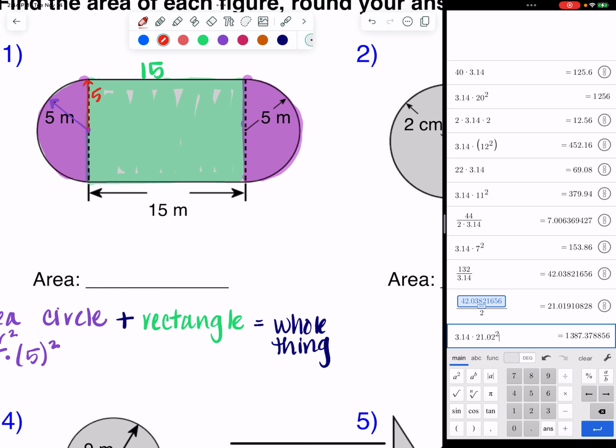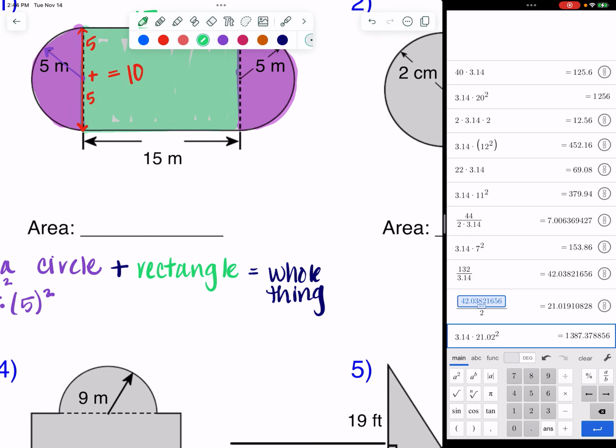It's the radius of the circle. And then from the center to the bottom edge of that rectangle is also 5 meters. And if I add those together, I get the full side of that rectangle. I think we are back in business.